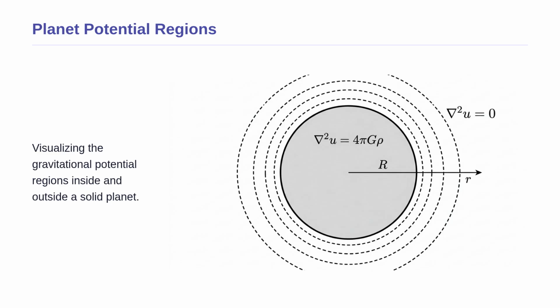The moment we step outside the planet's surface into the vacuum of space, the mass density drops to zero, and the mathematics smoothly transitions into Laplace's equation. The dashed circles you see outside represent equipotential lines. These are paths where the gravitational potential remains exactly the same, much like walking along a perfectly flat trail on the side of a mountain.